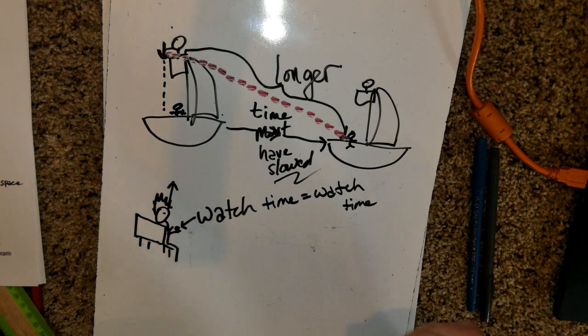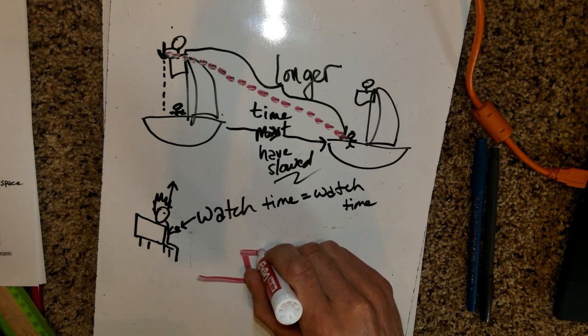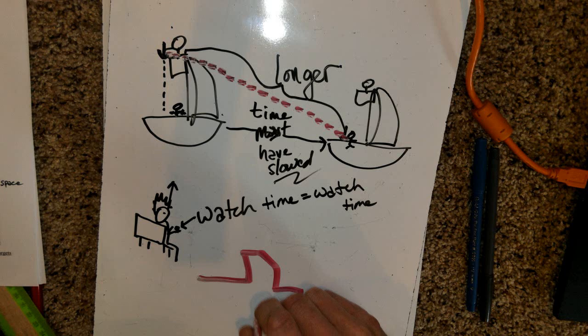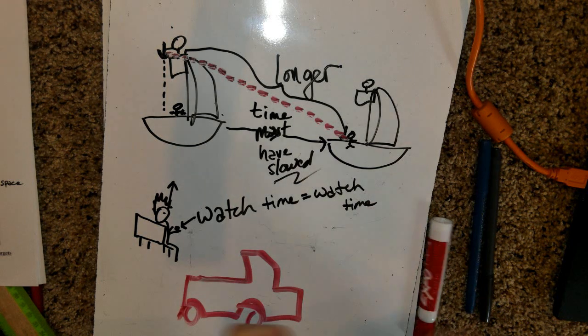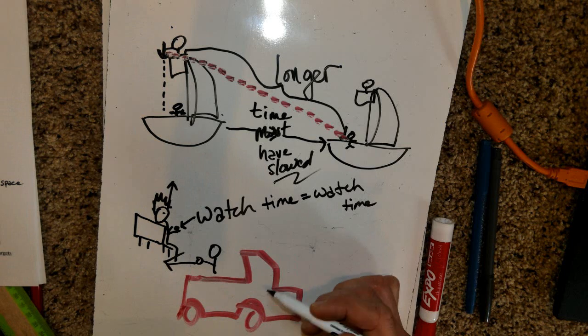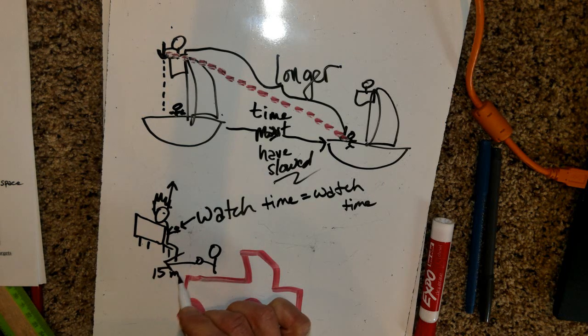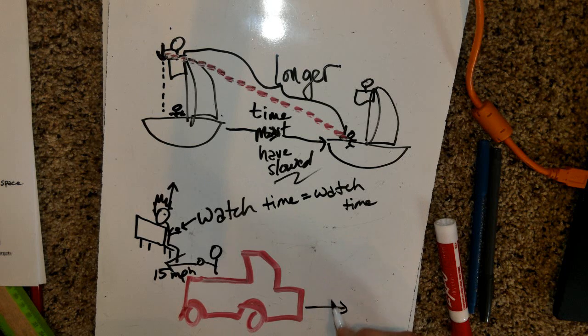James Clerk Maxwell makes this weird discovery. Say I'm in the back of a truck and I throw a ball, let's say I throw it 15 miles per hour, and this truck is moving 30 miles per hour.